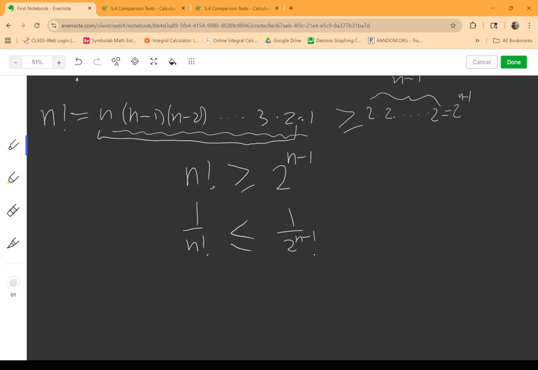And then the sum here, we can think of this as the sum of 1 over 2 to the n minus 1 from 1 to infinity. And this is a geometric series, where the value r is between 0 and 1. So this is a convergent geometric series.